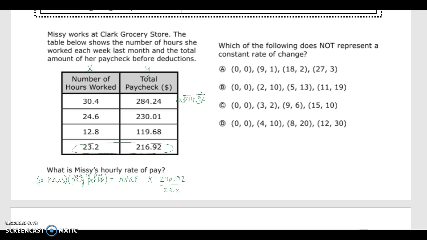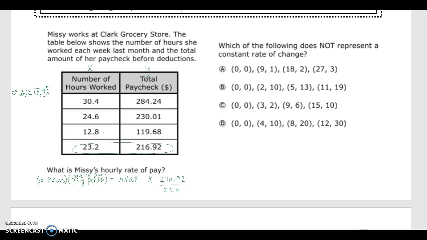Okay, so for the next one, and hang on, let me move this over so you can see it better. For this next one, it's asking which of the following does not represent a rate of change. So we're saying which one does not have a constant of k, the same constant.